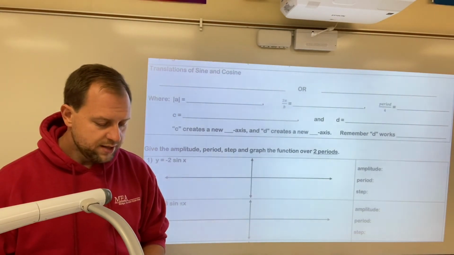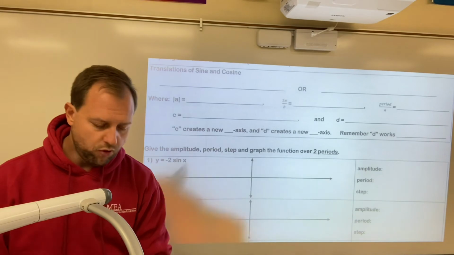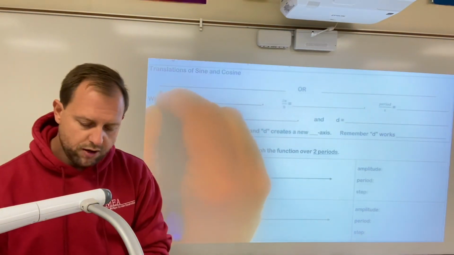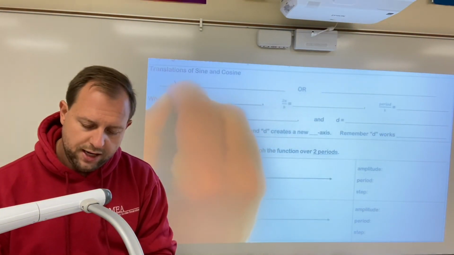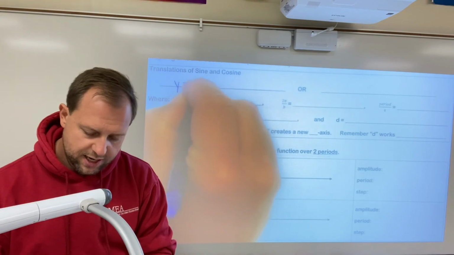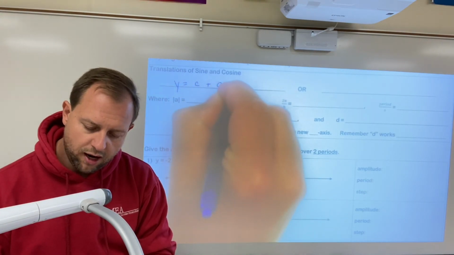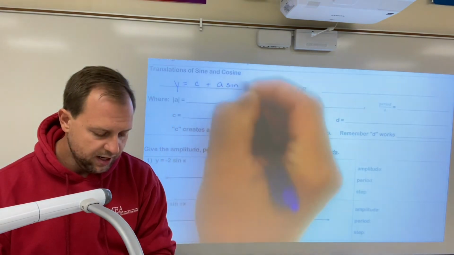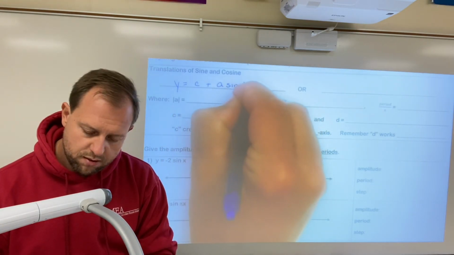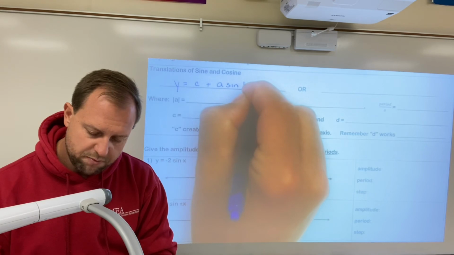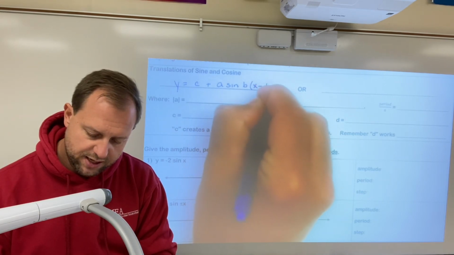So, the translations of the sine and the cosine. For both of them, they are in the form y equals c plus a, our function, I'm going to make this one the sine, times sine of b times the quantity x minus d.